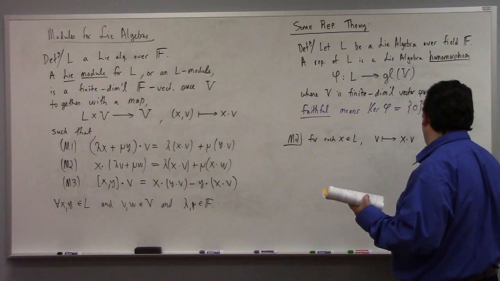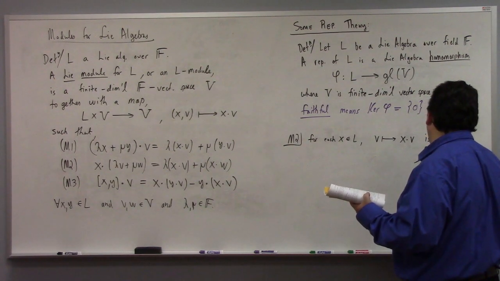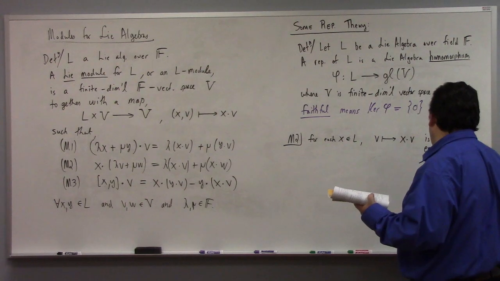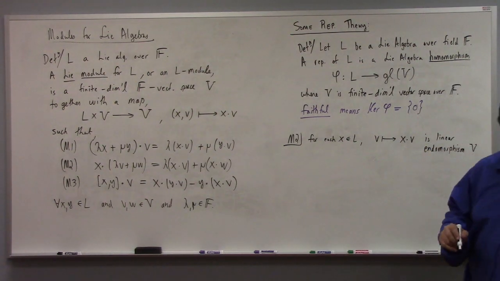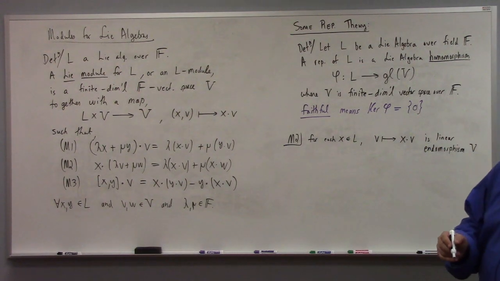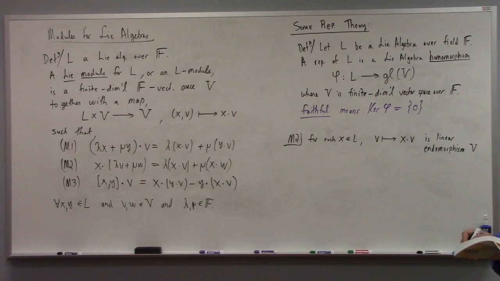An endomorphism of V. That's just a fancy way of saying a linear map from V to V. So elements of L act on V by linear maps. The significance of M3 will be revealed shortly.